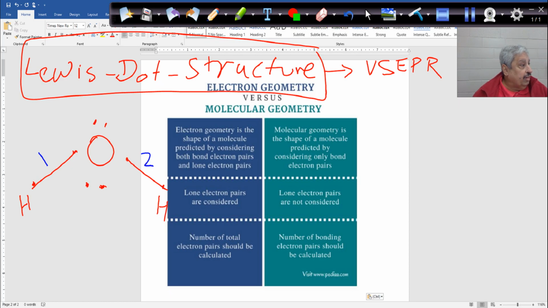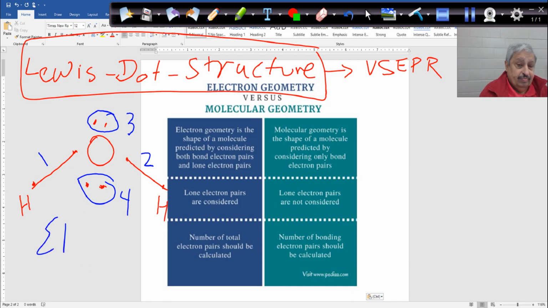Two sets are bonding valence electrons, forming sigma bonds or single bonds, correct? And we have 2 sets here of non-bonding, lone pairs or orphan pairs, correct? So those are 4. That's the electron geometry.